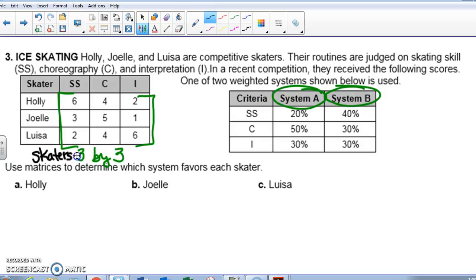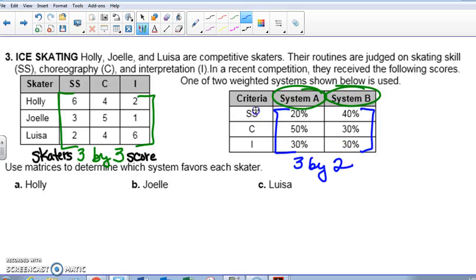Those are the skaters. These are their scores in each criteria, so I'm going to say this is their score, okay? Now when I move over to this, what size is this one? This is 3 rows and 2 columns. Everybody okay?